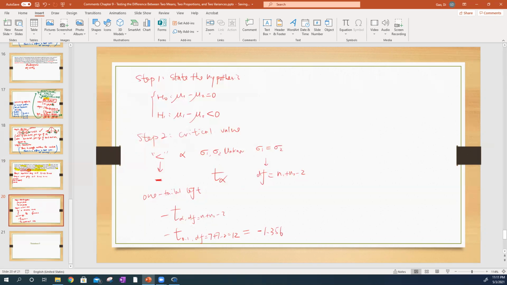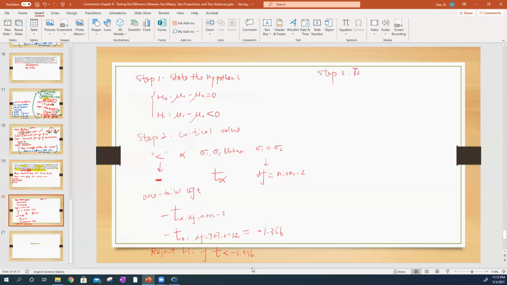Don't forget we have a negative sign in front. So negative 1.356 is the critical value. Good for this step, but if you want to specify the rejection region, you can write that down. So we're going to reject H naught if the later calculated test statistic is smaller than negative 1.356.